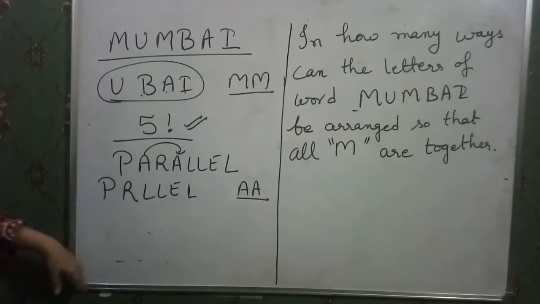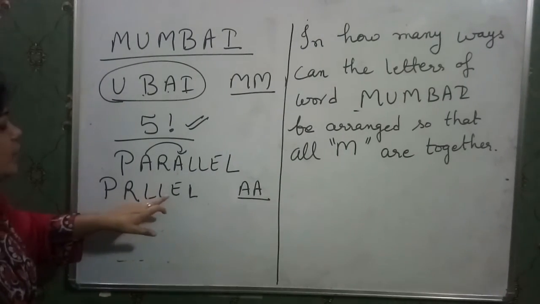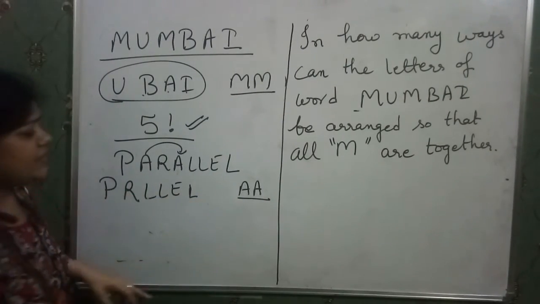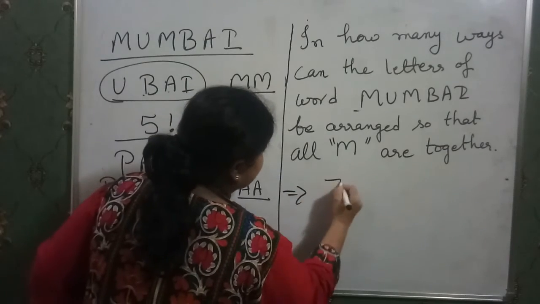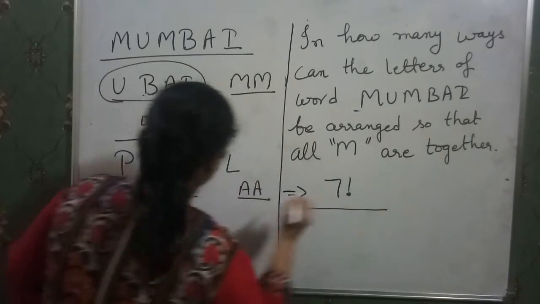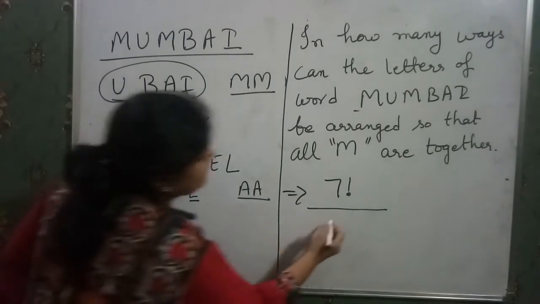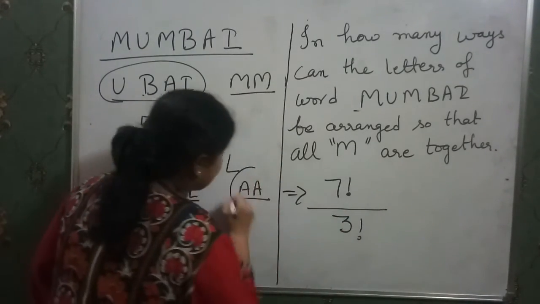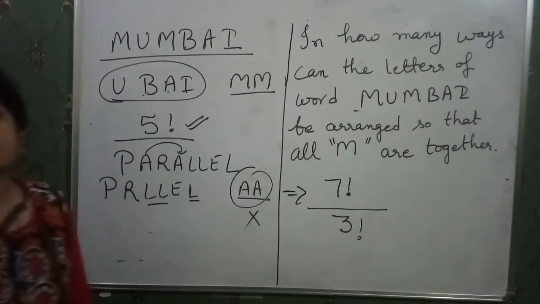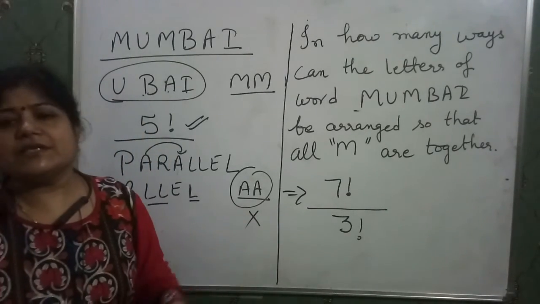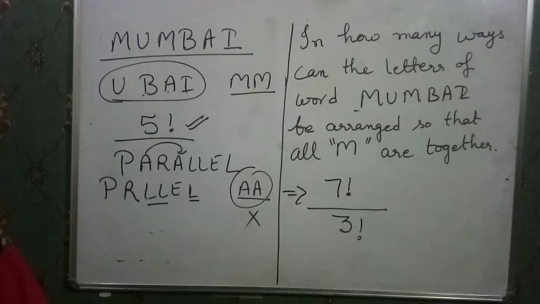So the total number of letters here is 1, 2, 3, 4, 5, 6 and 7. So our answer is factorial 7 over factorial 3, because L is repeated 3 times, and we just ignore the A. So in this way we solve these types of questions.